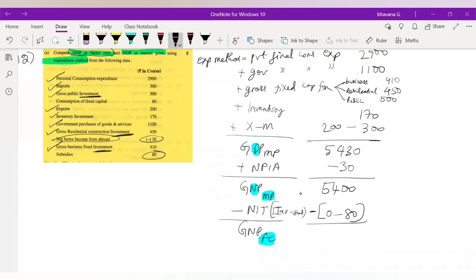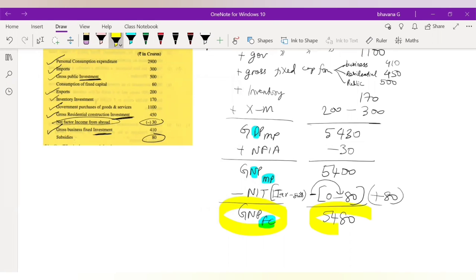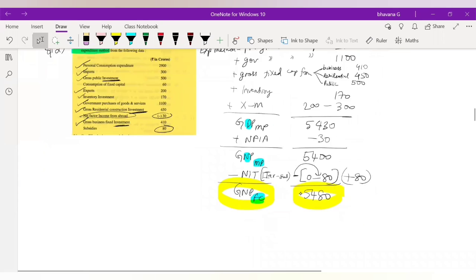So it will be minus of minus, it will become plus. So it will be plus 80 here. So it is minus of minus 80. If you do minus of tax minus subsidy, then it will be minus tax plus subsidy. So it is going to be plus 80. So 5,400 plus 80 is going to be 5,480. So one of the things you had to find out, your GNP FC, that is 5,480, you have found out.